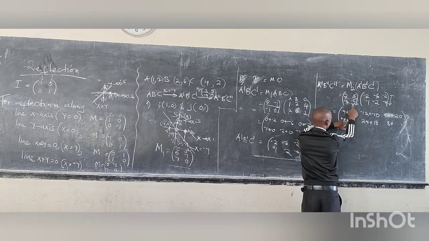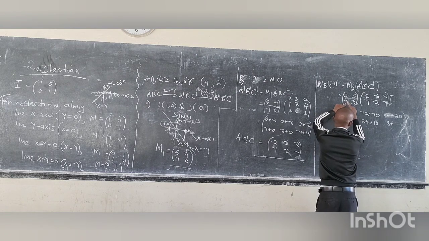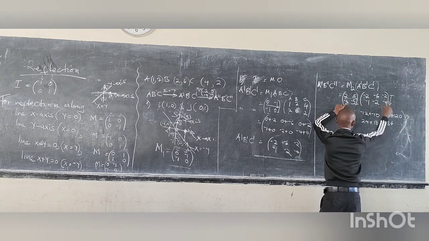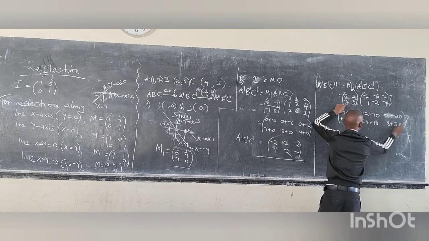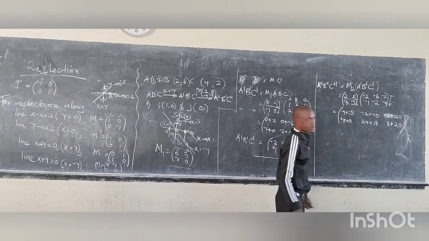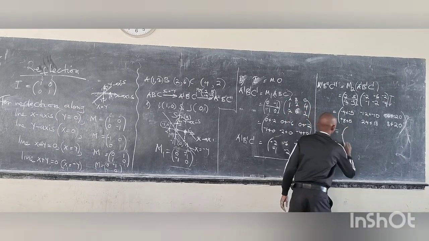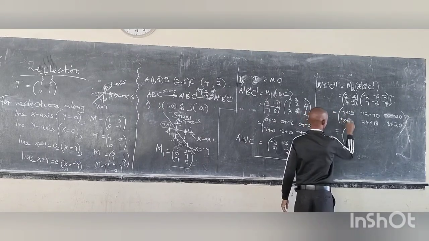Teacher, I'm saying there are only negative 4 plus negative 20. Okay, let us first finish. Negative 4 times negative 2 is positive 8 plus this time is this. Yeah, we multiply. Okay. Now we use calculators.